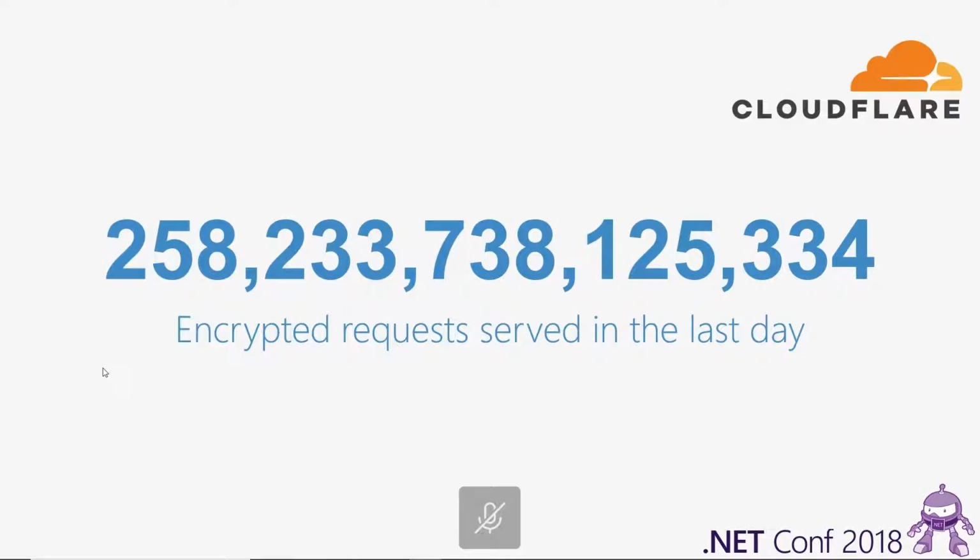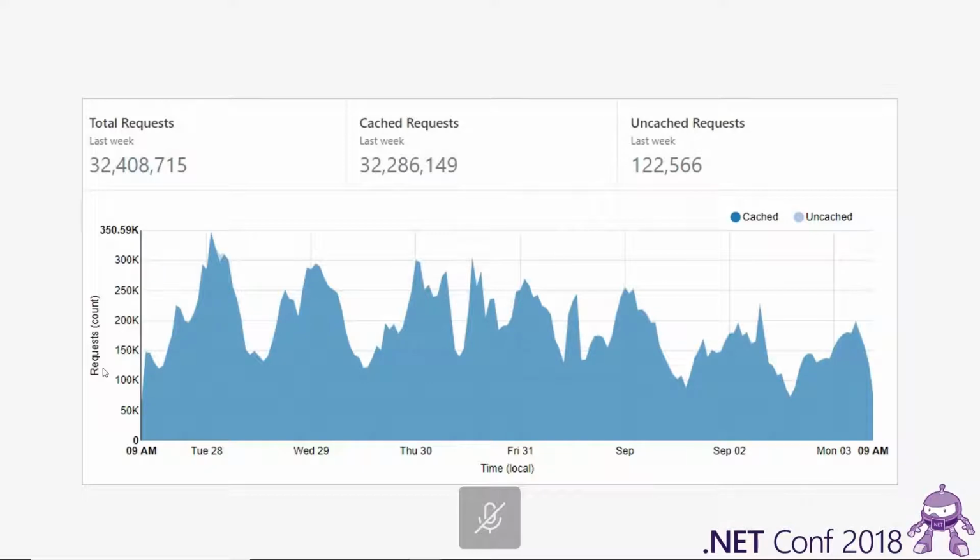Now let's get to the pointy end and talk about what this means when you run a service through Cloudflare. So this is a graph of Pwned Passwords. And I wrote a blog post recently about how to make Pwned Passwords and serverless go very, very fast. And this was in the post. And what you're seeing here is a graph over a period of one week. Now, if you look at the top left-hand figure, there are 32.4 million requests in the last week.